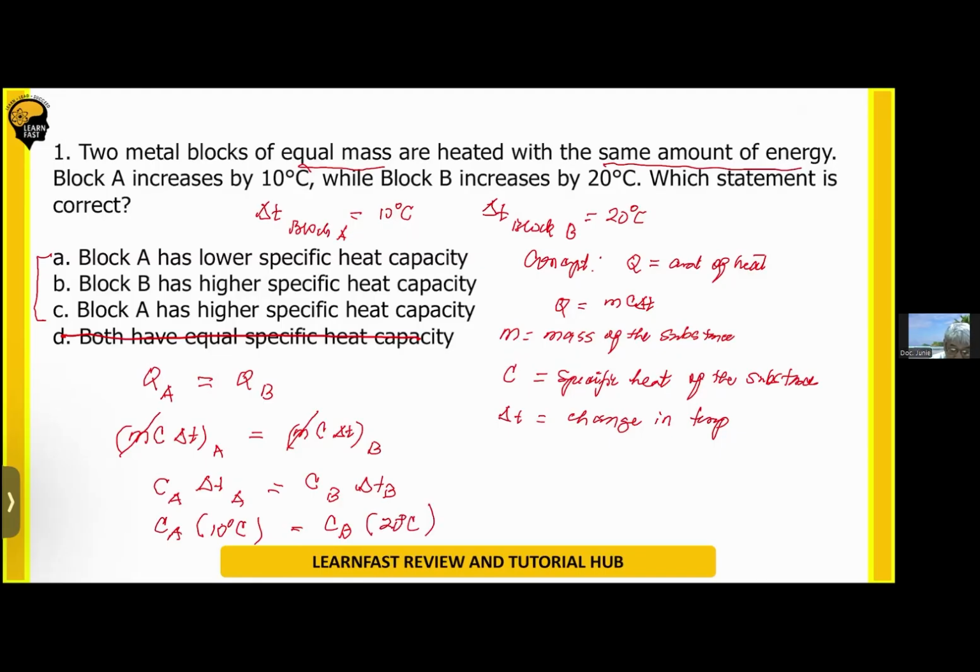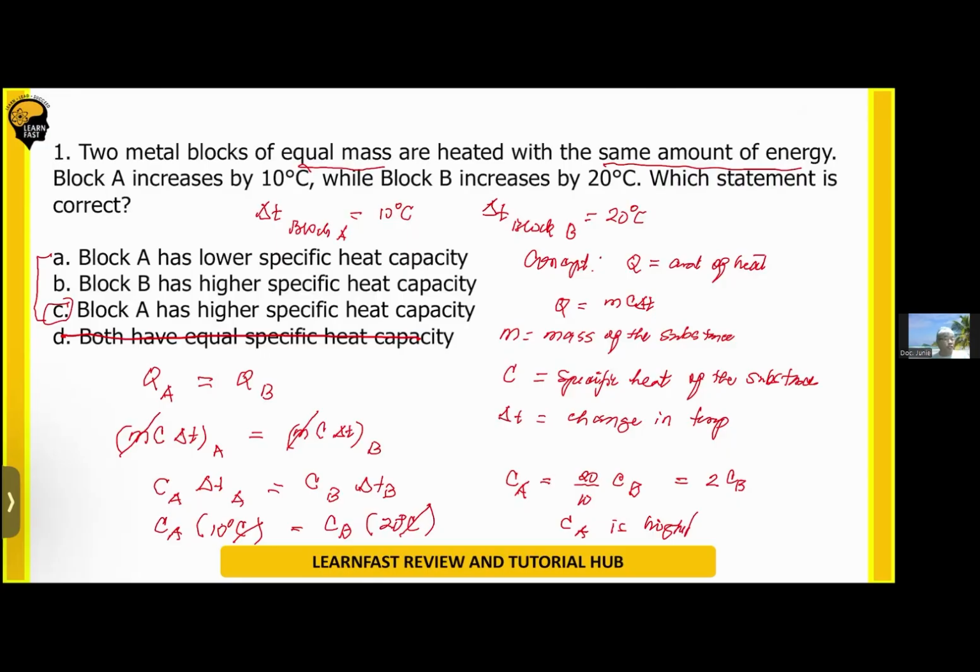So the Celsius reading will cancel out, and the specific heat of block A is equal to 20 divided by 10 times the specific heat of block B. So the right side of the equation simply tells us double the specific heat of block B. What is indicated here is the specific heat of block A is higher. So therefore, your answer here would be letter C.